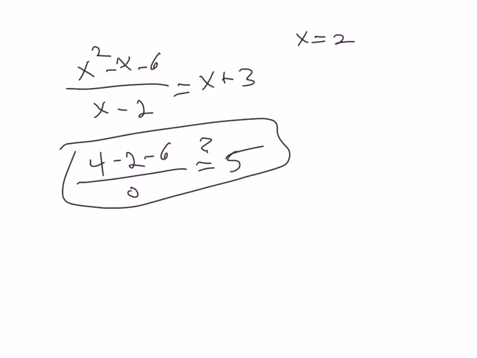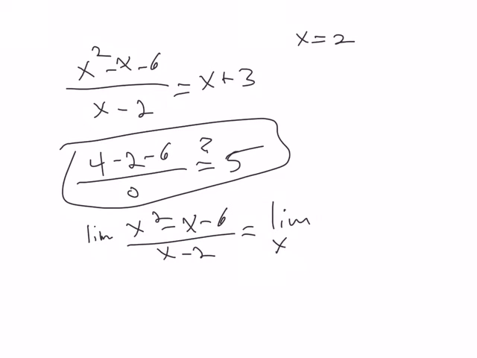So you can't. But now what you can say is that the limit as x goes to 2 of x squared plus x minus 6 over x minus 2 should be equal to the limit as x goes to 2 of x plus 3. Because now you're not dividing by 0. You never actually touch 2.